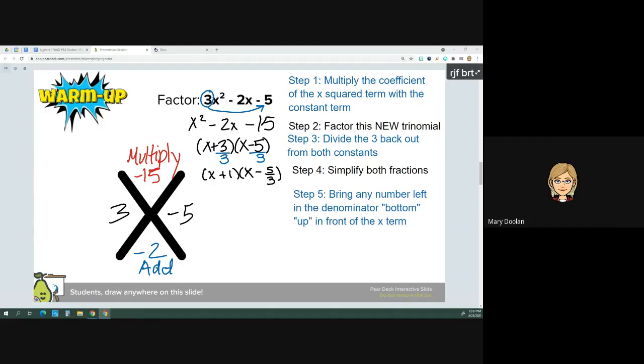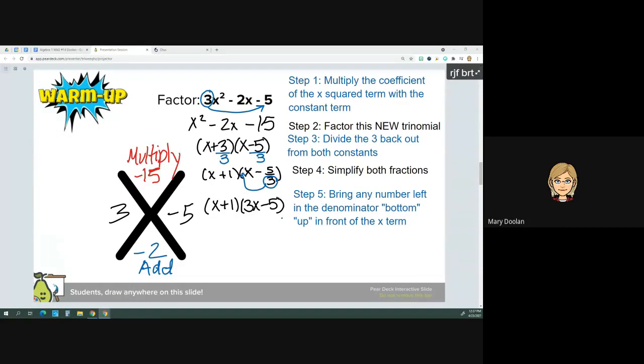So any number that's left in the denominator, we bring up in front of the x term. So there's just this 3 that's left over in the denominator. So I circle it, and I'm going to bring it right here in front of the x. And then I will be finished factoring x plus 1 times 3x minus 5.